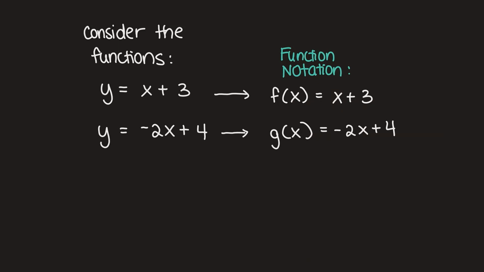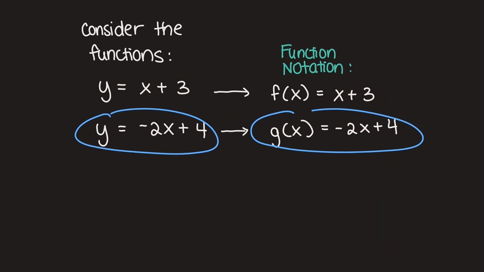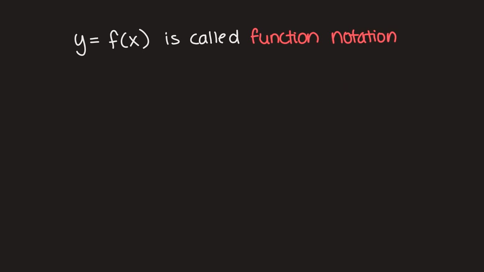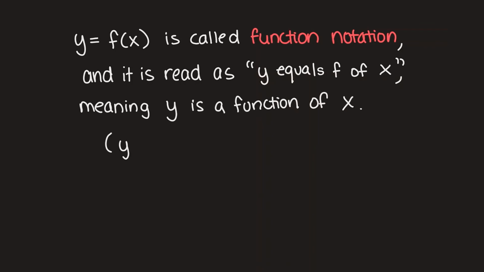We read this as f of x and the other as g of x. These equations mean the exact same thing, and so do these. So y is the same as f of x, and this is called function notation. And we read this as y equals f of x, meaning y is a function of x where y depends on x.